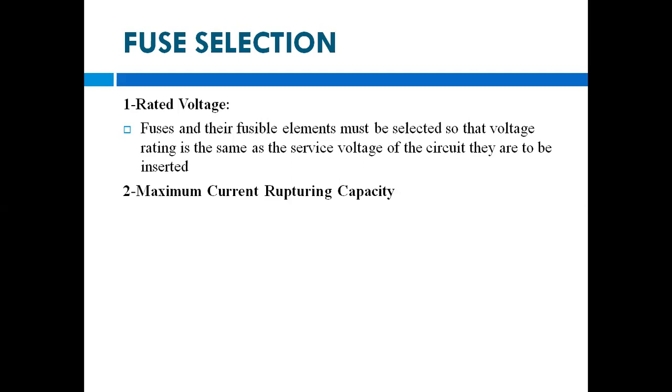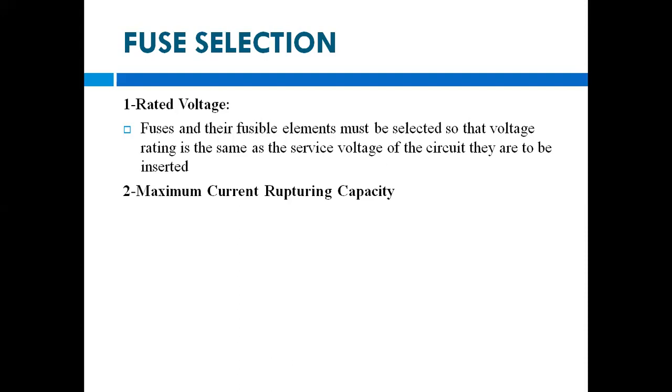So actually when that fault is occurring, at that time a very high current is flowing. That current should be minimized, we have to bring it to the zero level, and it should be done in a minimum time.